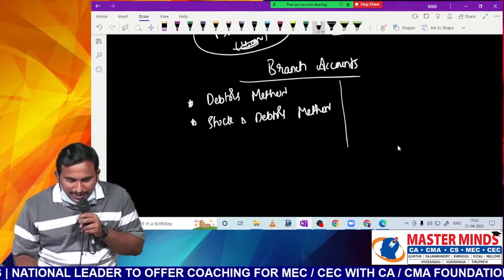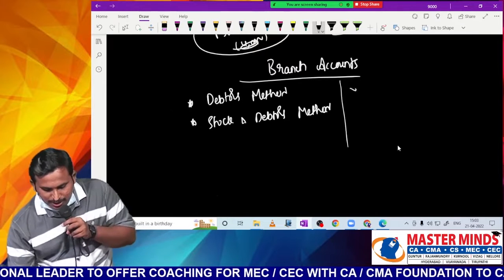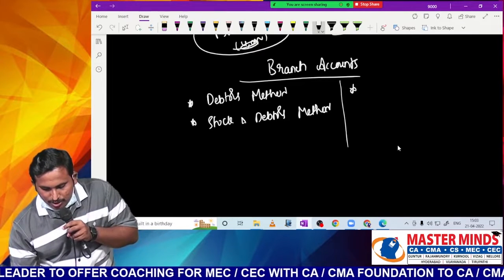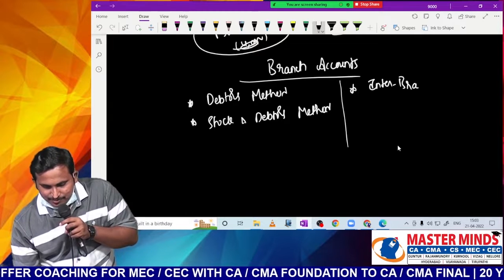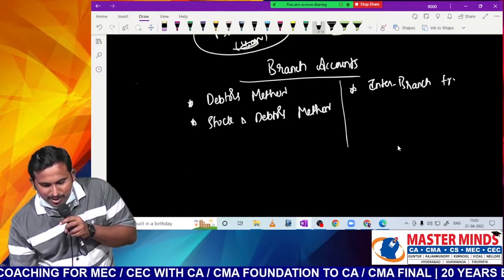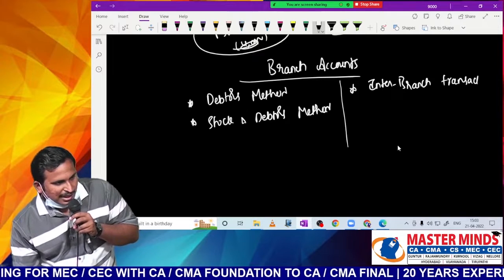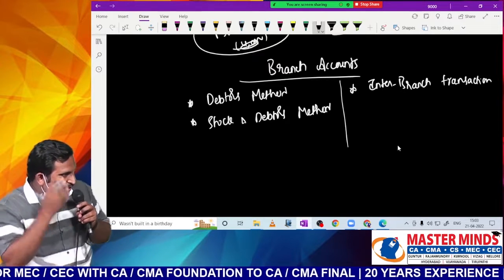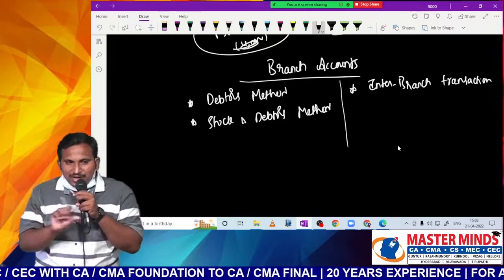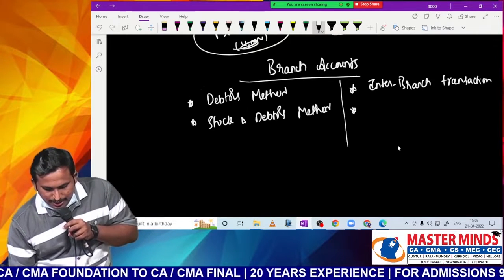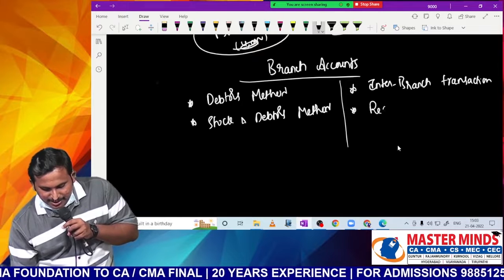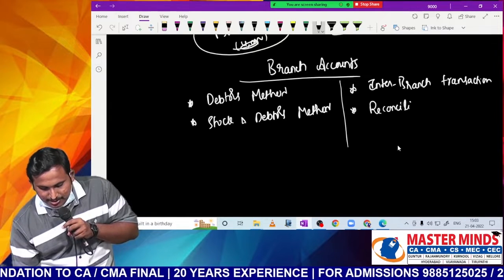When I come to independent branches, usually they focus on one question on inter-branch transactions. In other words, goods received from that branch, sent to that branch, acceptances sent, acceptances received. Like that, in tabular format, we will write a single journal entry. So that question, and reconciliation entries will be there.